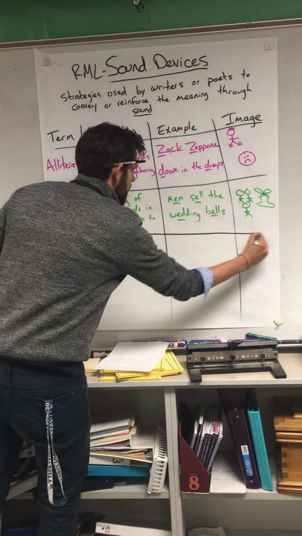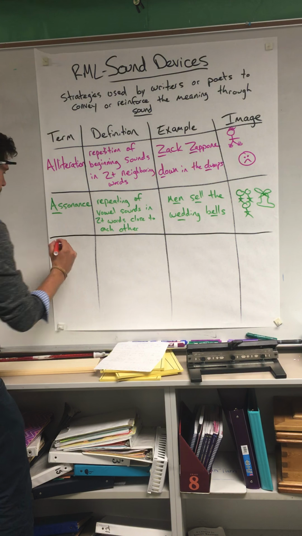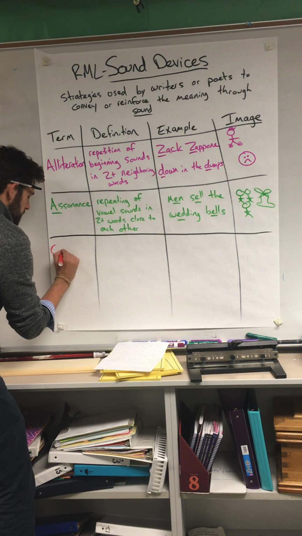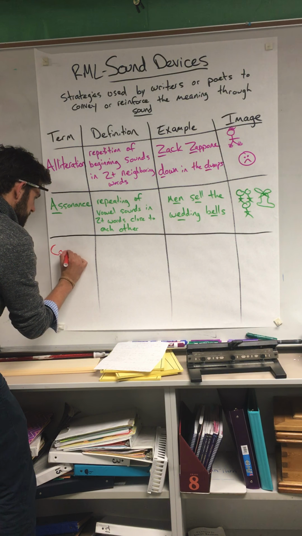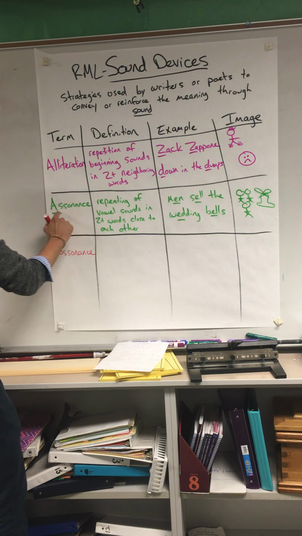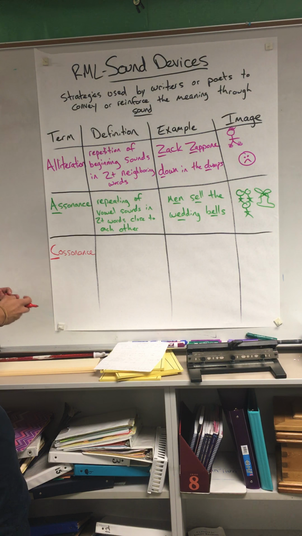Our next word is going to be the opposite of assonance, which is consonance, the opposite of a repeating vowel sound. It's the repeating consonant sound.